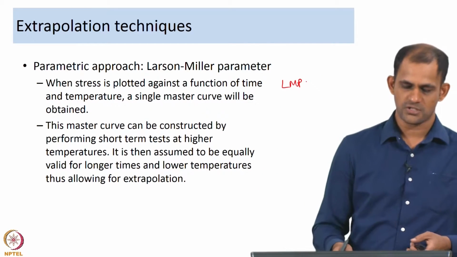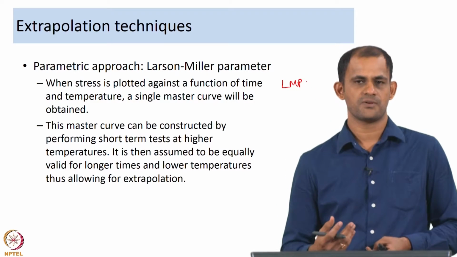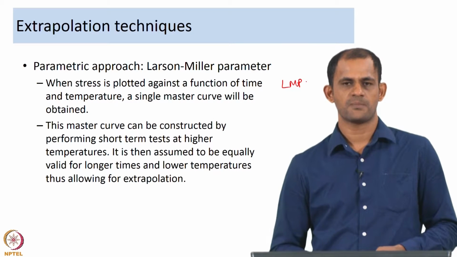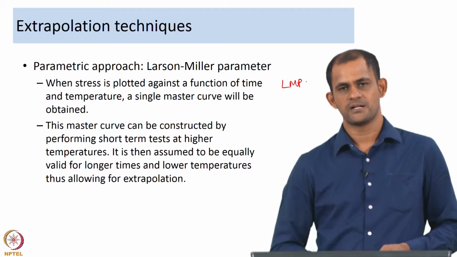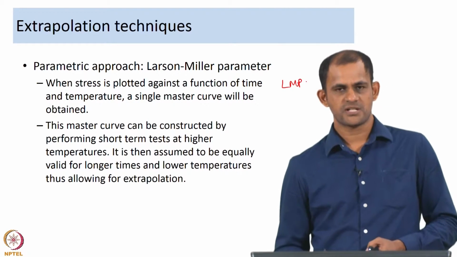So, when you plot the stress against a function of time and temperature, you will obtain a single master curve, and this master curve can be used for predicting the performance of the component at different conditions of stress, temperature and time.